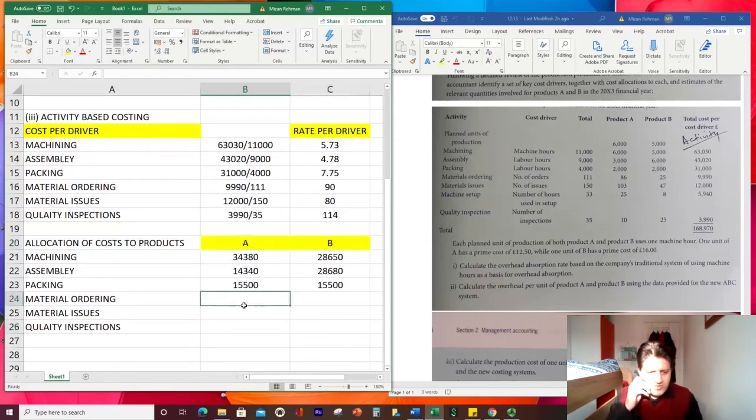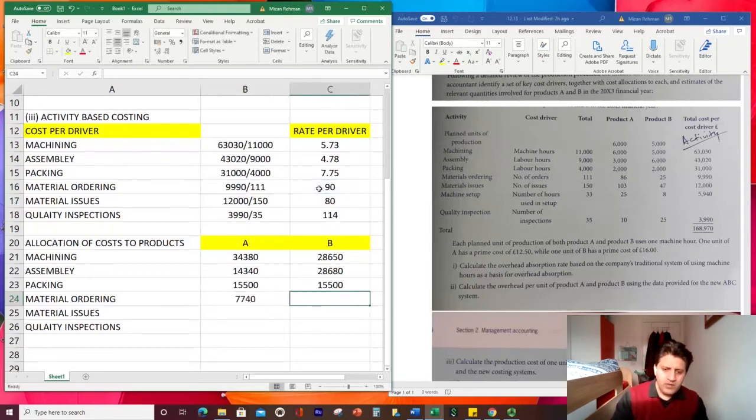Next is our material ordering, which is how many material orders were made. 86 orders were made for A times cost per order, and then 25 orders were made for B and the cost per order, hence the allocation is correct as the total.